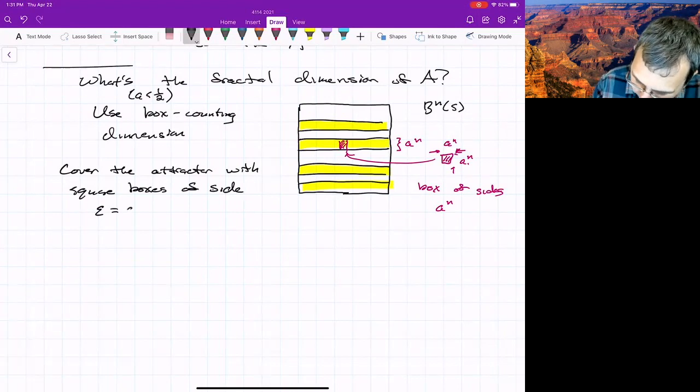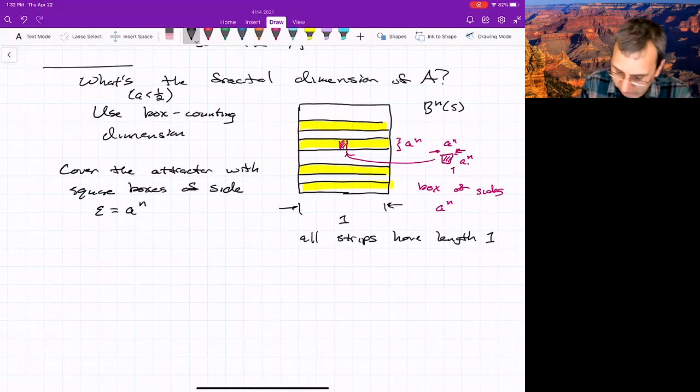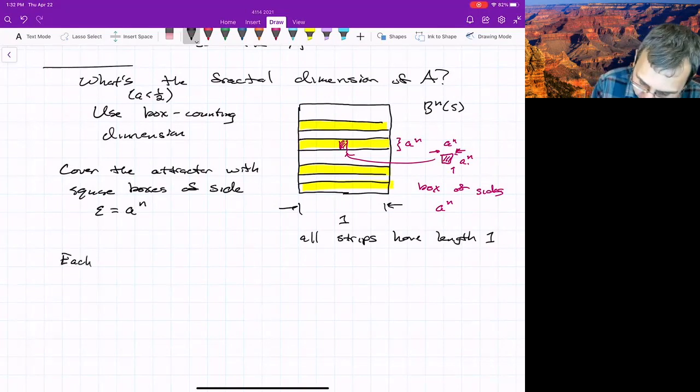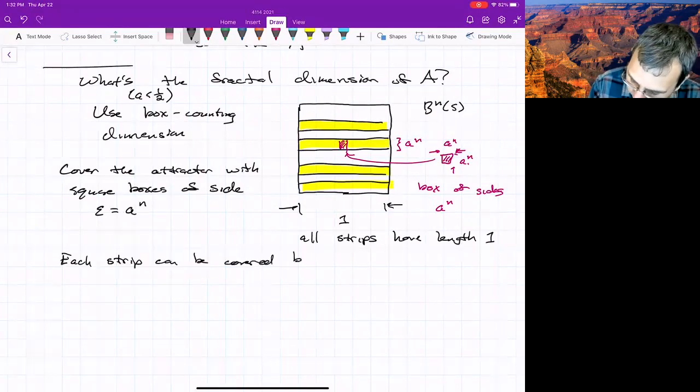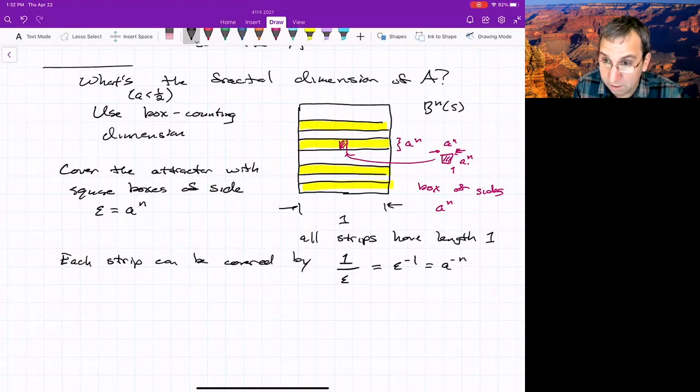Epsilon equals a^n. Now, each of these strips has a length of 1. Each strip can be covered by how many boxes approximately? If we have a length 1 and we're trying to cover this with boxes of size epsilon, this will be 1 over epsilon, meaning a^(-n) boxes.